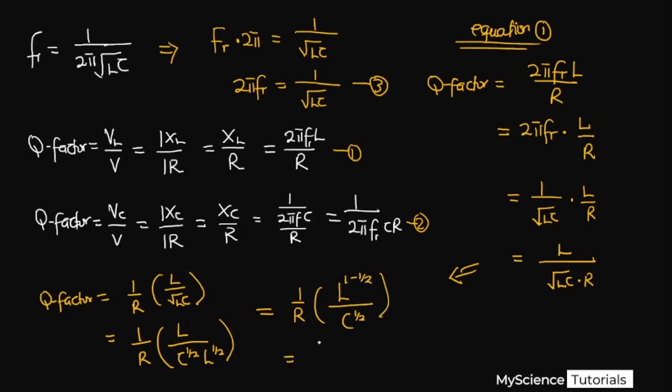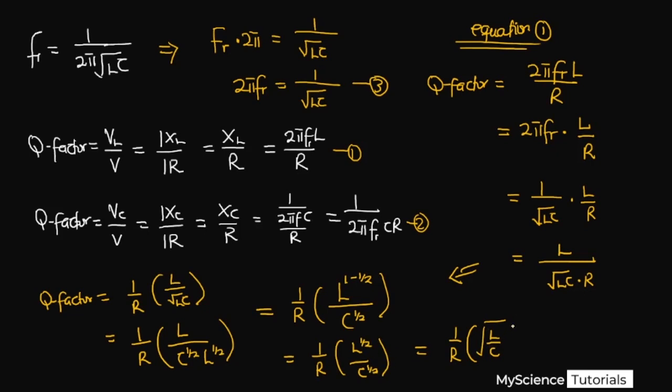So this is equal to 1 over R into bracket L raised to the power 1 minus half, which will give us L to the half on C also raised to the power half. And we know half is the root. So this finally is equal to 1 over R into brackets the root of L on C. The root is covering both because this is also raised to the power half.